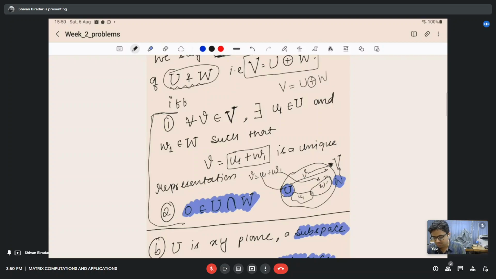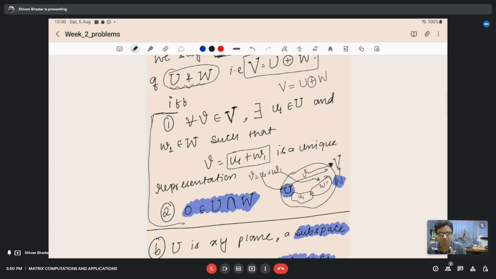Very simply thinking, if I take a vector in vector space V, I'll start by saying that zero must exist in the intersection of these two subspaces.